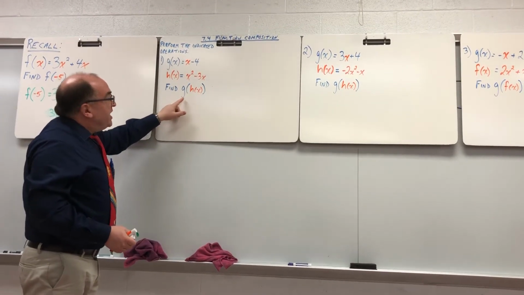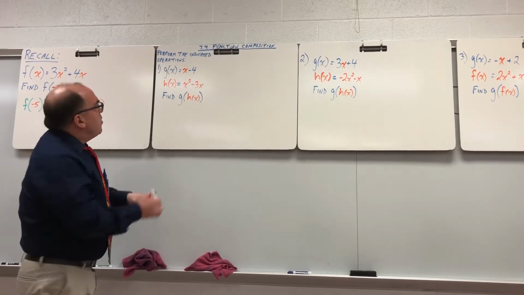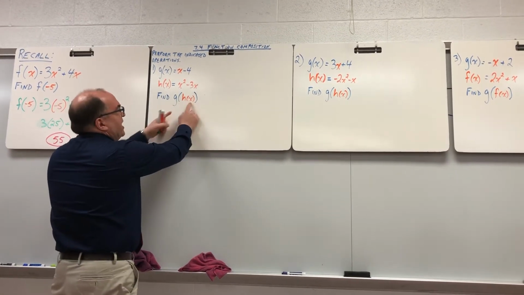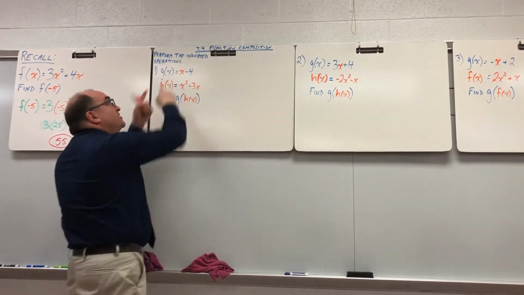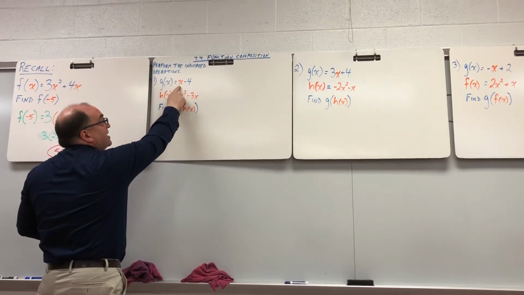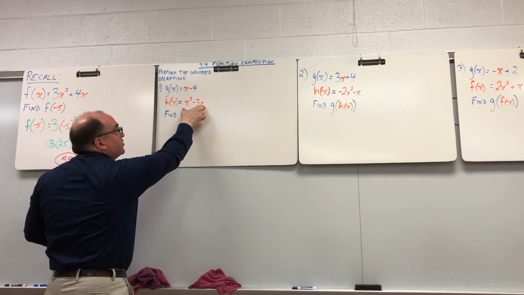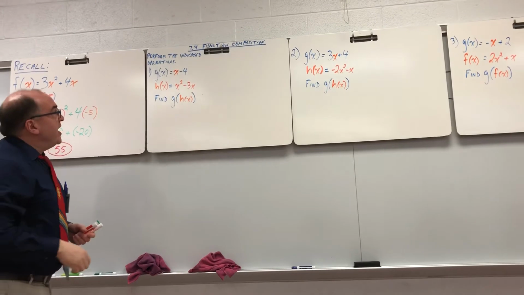It's called g of h of x. G of h of x, what? We're putting everything that h of x is back into g of x. So in other words, instead of x, I'm going to put in what? X squared minus 3x. The whole thing.